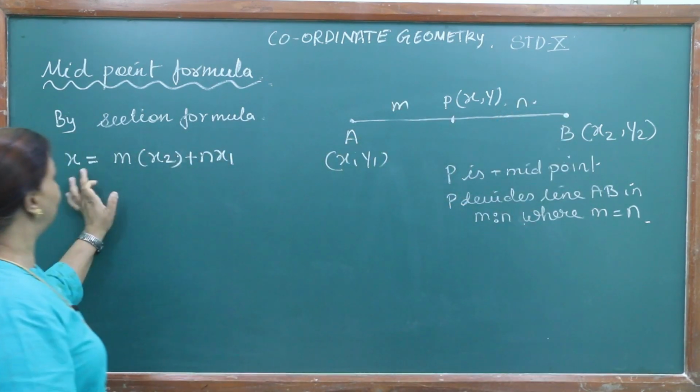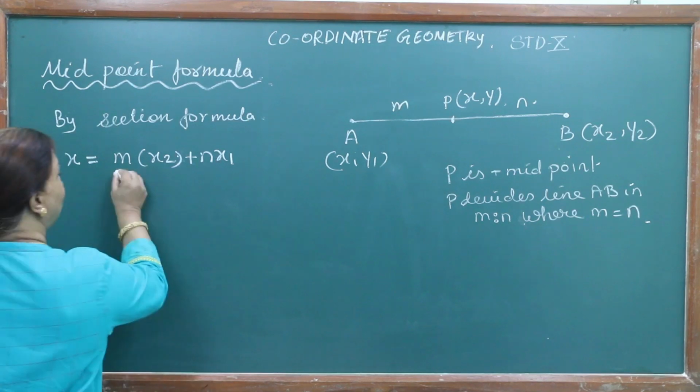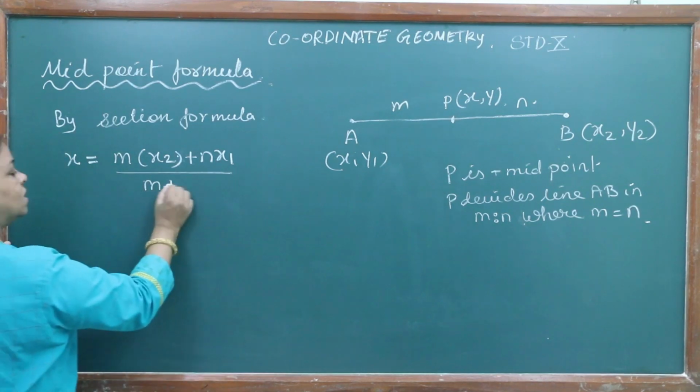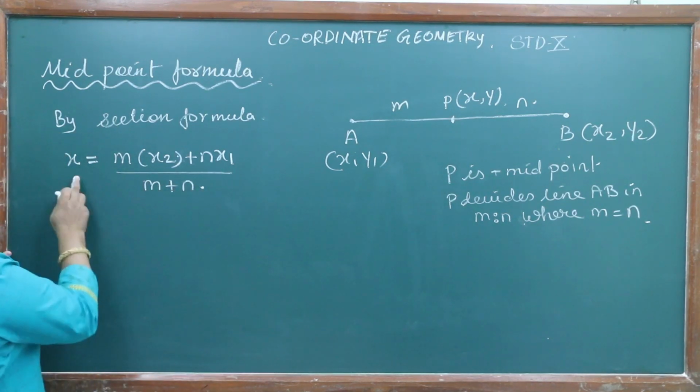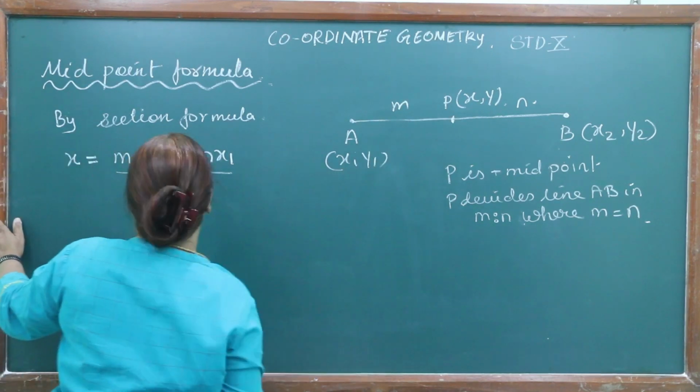So x coordinate will be mx2 plus nx1 upon m plus n. This is x coordinate of point P.